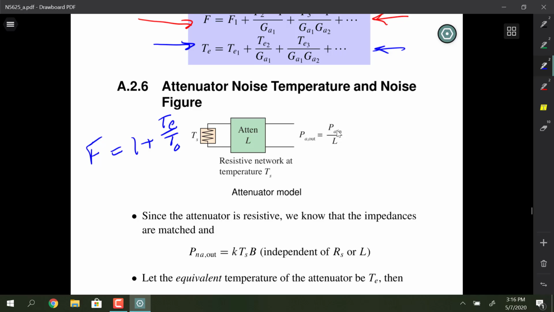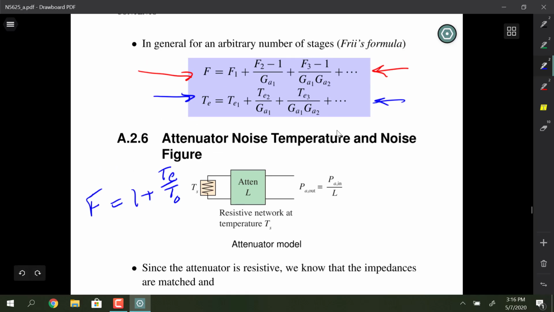So you can convert back and forth if you want to. Most of the time my preference is to work in what I call the primary form with noise figures and gains, because that's generally closest to what you're given. And then if somebody wants you to get noise temperature, then you just work that from this equation.